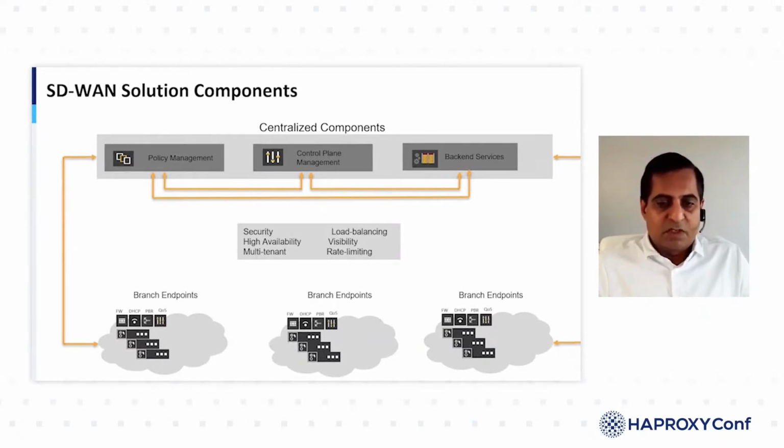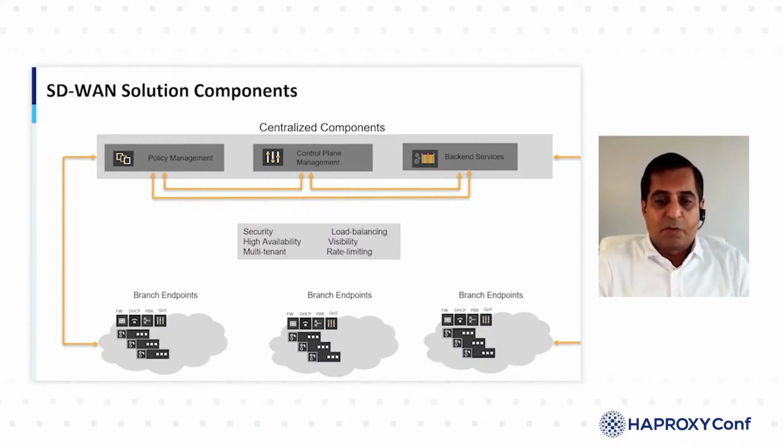So when we're talking about SD-WAN, the user wants to be able to specify policies, whether those policies are related to security or performance, QoS, or maybe just path selection. Let's say they want a certain type of traffic to take a particular WAN connection, whether it's internet or an MPLS network. All these components need to interact with each other.